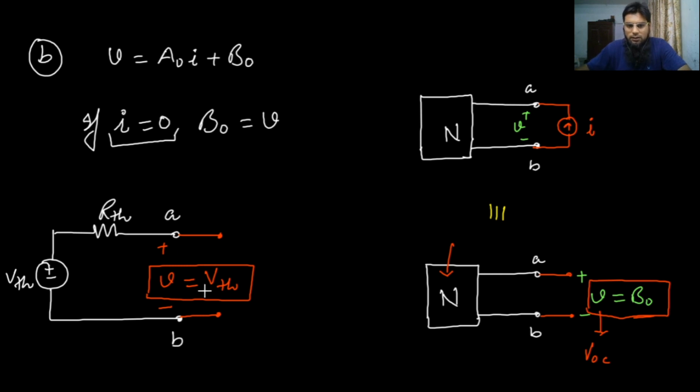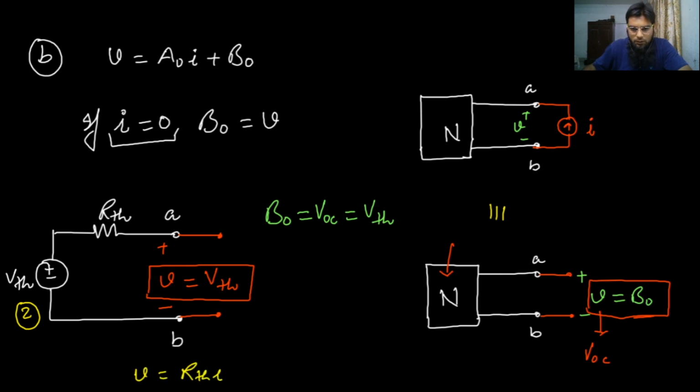So we say that these two networks are identical, because by removing the current source in both cases, here we are getting B naught and here we are getting VTH. So B naught, which is the open circuit voltage, is equal to VTH. So the voltage current relationship in circuit number 2 is V equal to RTH into I plus VTH.